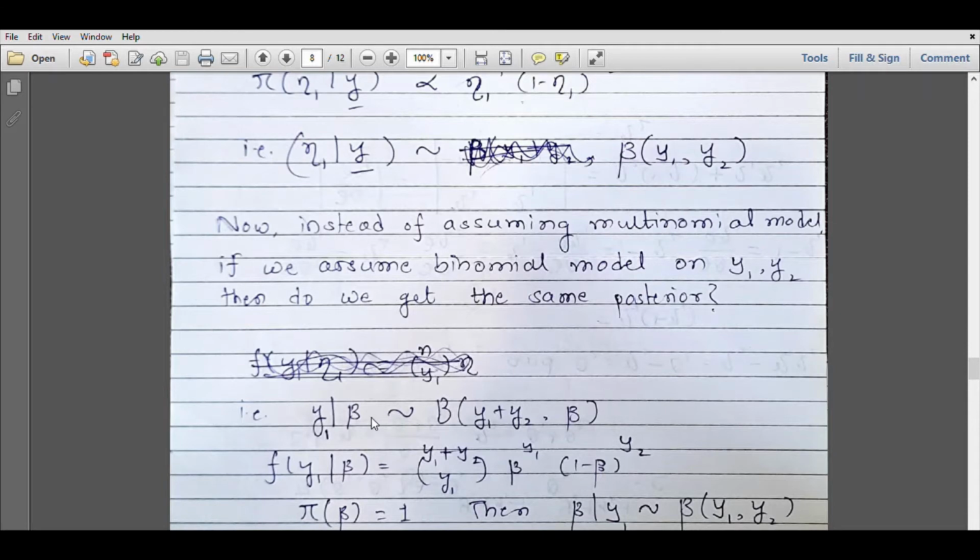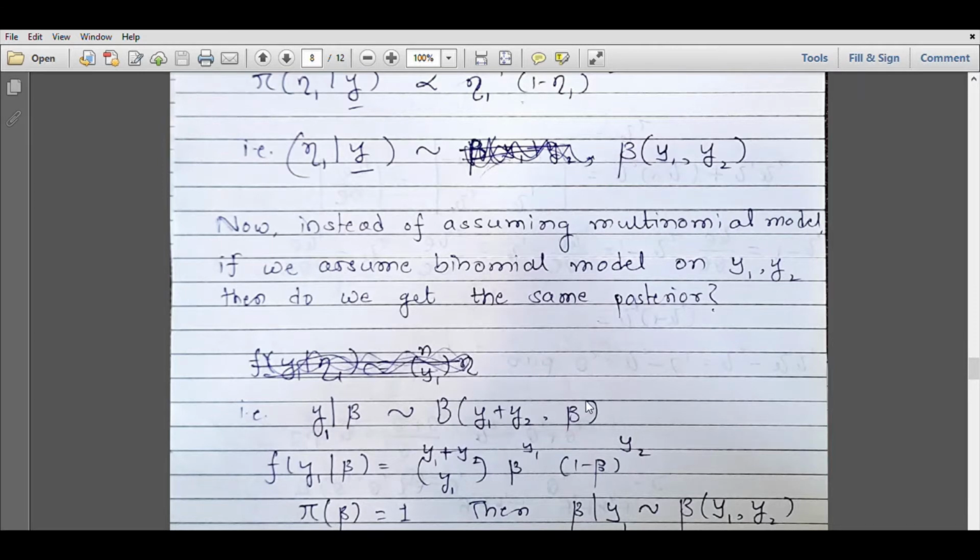Why is this so? How do we get beta here? Notice that here I am assuming the total number of observations to be y1 plus y2. So it is as if I am conditioning on y2, and I am assuming that capital Y2 equal to small y2 has been observed, meaning the random variable y2 has assumed this value. Then the conditional distribution of y1 will be binomial with total number of observations in the first cell not exceeding y1 plus y2.